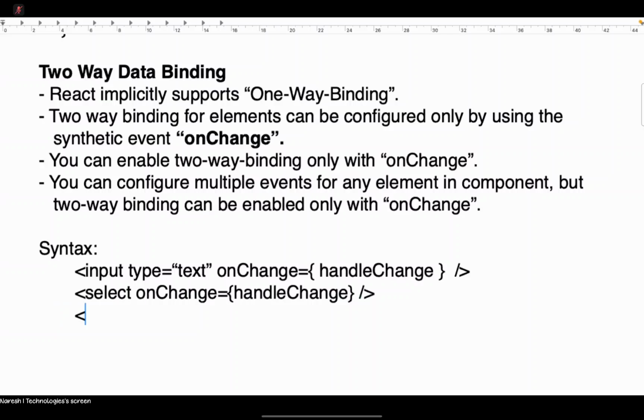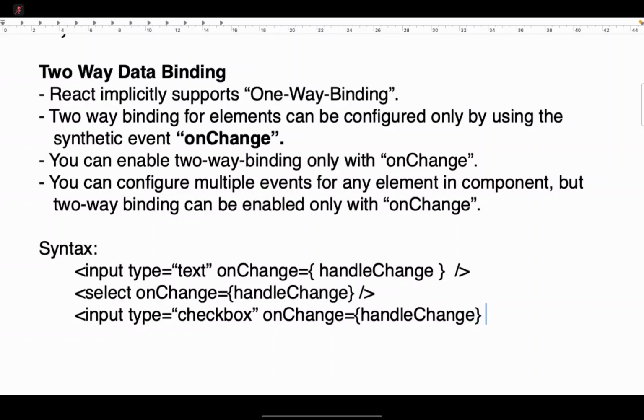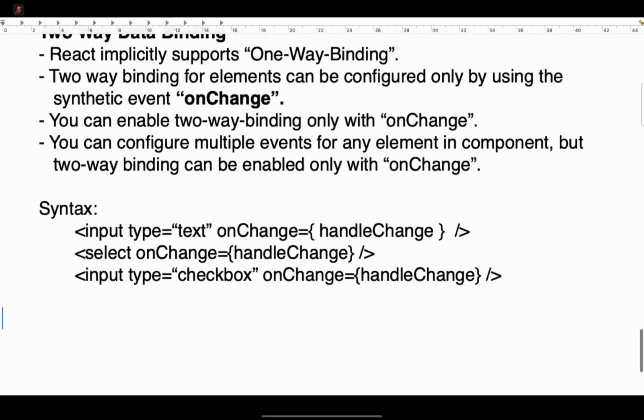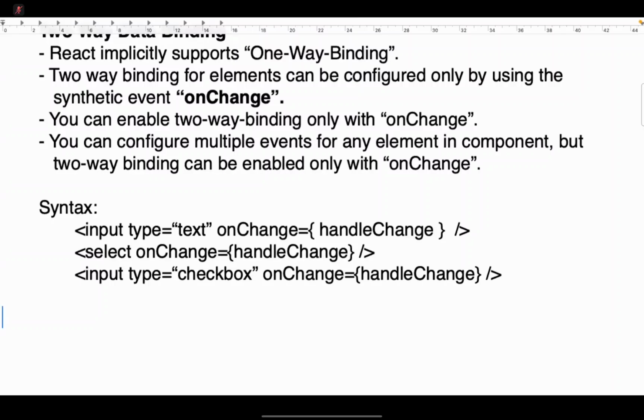Suppose you are dealing with a checkbox or a radio, input type checkbox. So on change. We will see different examples of how to handle them. If you don't write on change, two-way will not work at all. It will not allow you to modify. It will be treated as read only.